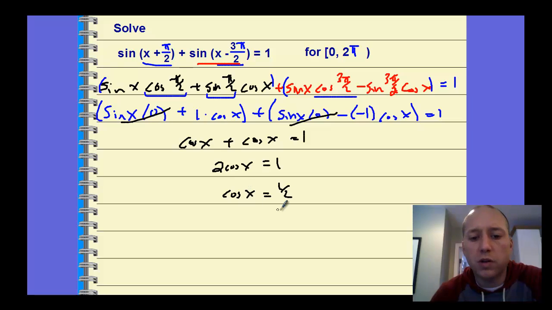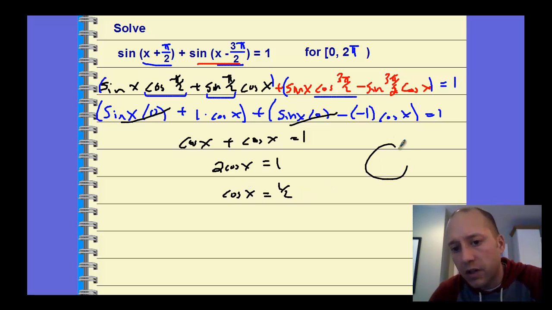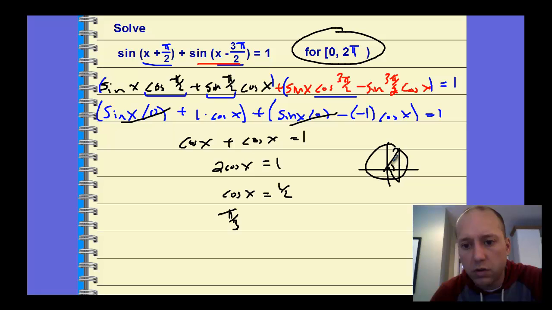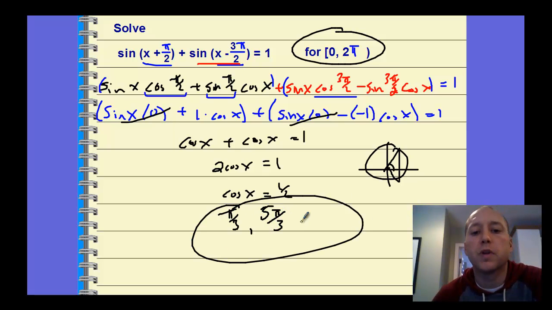Divide by 2, so where's cosine x 1/2? Pi thirds, and we're actually in 1 unit circle, so I don't need to include the plus 2 pi n. We have our 1 unit circle, so just pi thirds will be the first one, and then 5 pi thirds is the second one. So it's all within 1 unit circle.